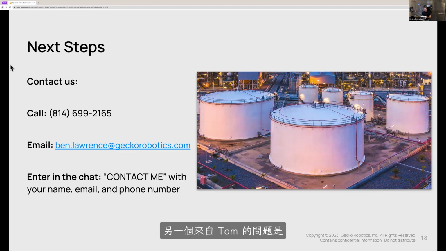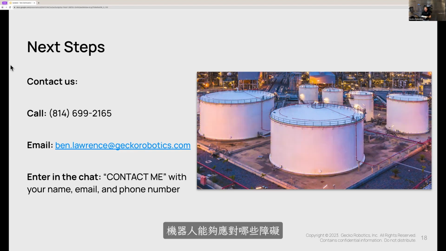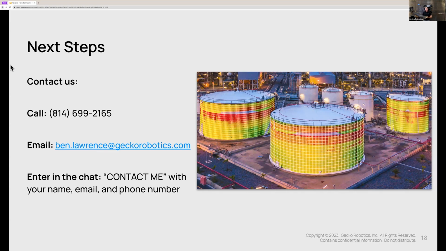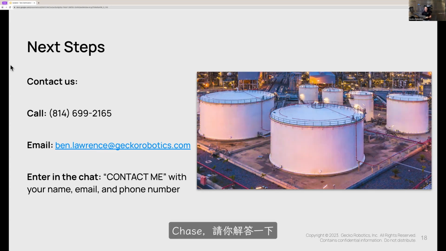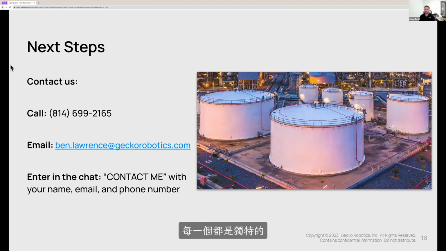Okay, another question that comes in from Tom is, what obstacles can the robots navigate? For example, can it transition from a shell to a conical bottom section? Chase, take it away. Sure. We've made many transitions. I think every one of them is unique.